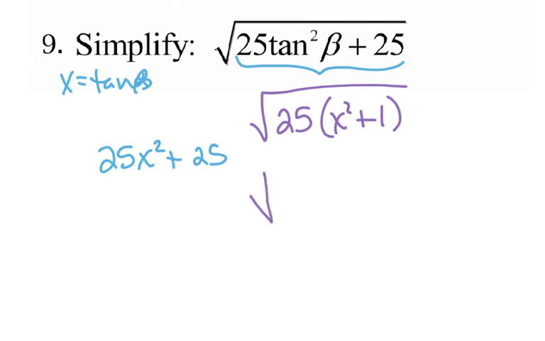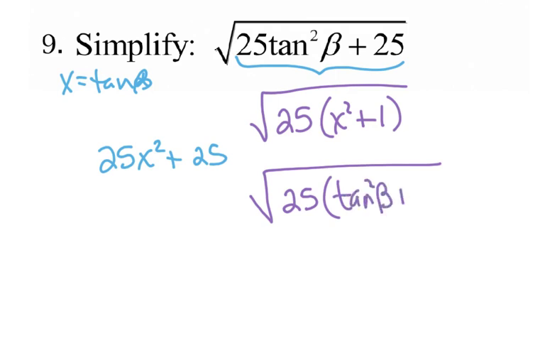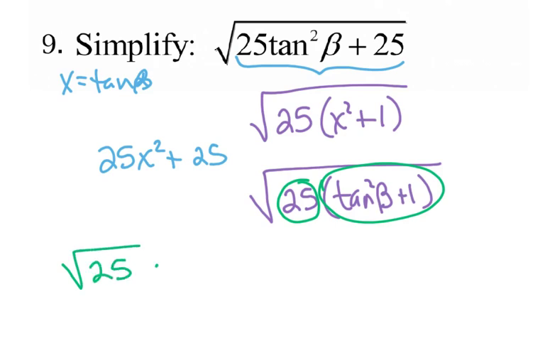And so what I've got now is I've got 25, and then instead of x squared, I've got tangent squared beta plus 1. Okay, now that I've got one factor times another factor, I can separate my square root. So I can say square root of 25 times the square root of tangent squared beta plus 1.